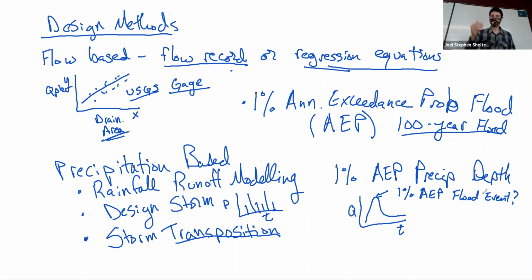But then you look at the flood peak record for the St. Vrain River, Big Thompson, Boulder Creek. The magnitude of the peak discharge was on the order of a 100-year, 200-year event. In Boulder Creek, it was a 30-year event. So it really depends on where the rainfall is falling and how much of it comes out in a particular area. You don't get a 1% AEP precip depth and then a 1% AEP flood event.